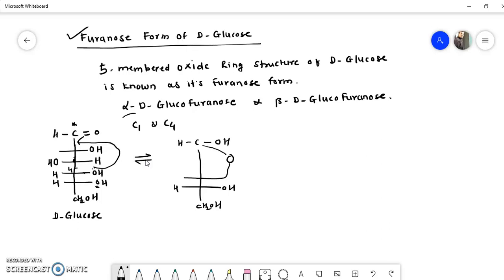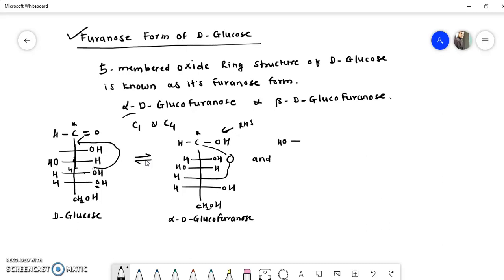This is the ring form which is obtained, and the rest of the groups will be as they are. You see here this hydroxy group is on the right hand side, this is the anomeric carbon, and so we can call it alpha D-glucofuranose. Why furanose? Because a five-membered ring is there.